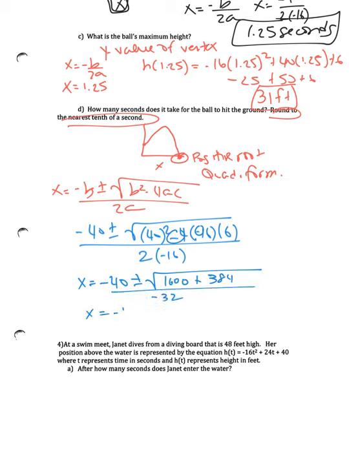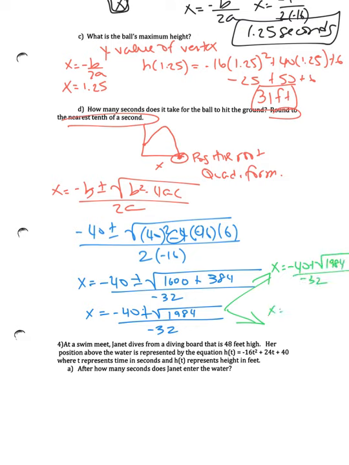So it's x equals negative 40 plus or minus the square root of 1,984, all divided by negative 32. Okay, and this is where you go into your two paths. You have either x equals negative 40 plus the square root of 1,984, all of it divided by negative 32, or x equals negative 40 minus the square root of 1,984, all of it divided by negative 32.